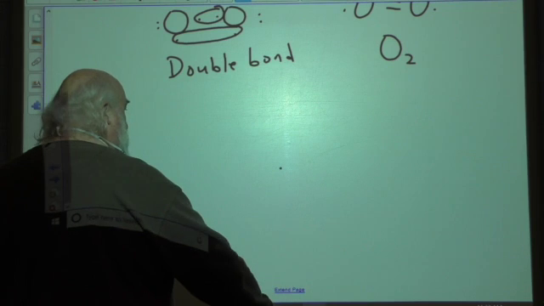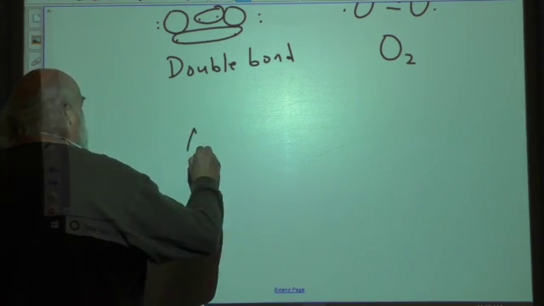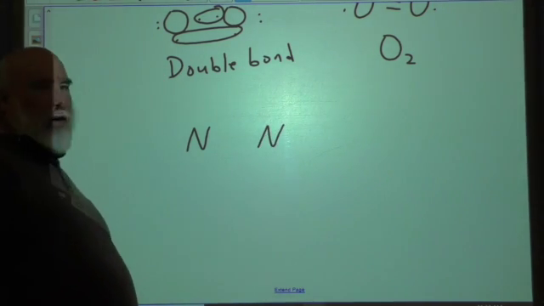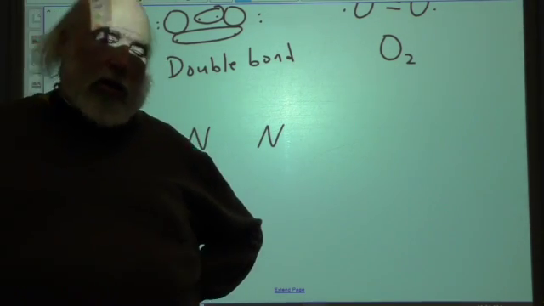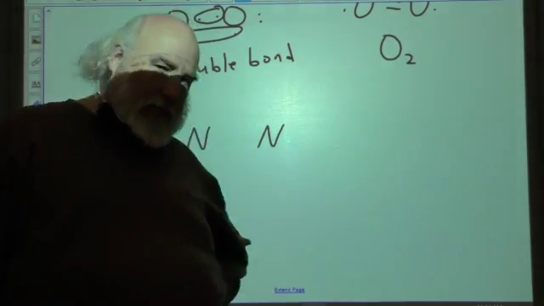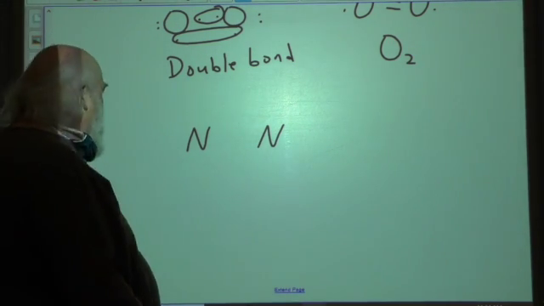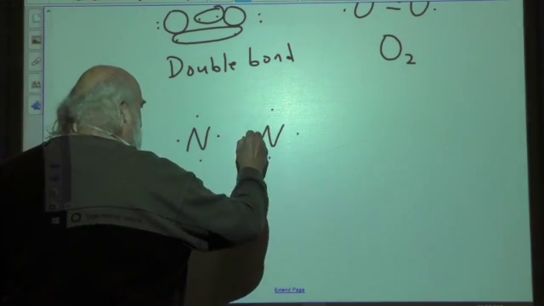Next one is nitrogen. Nitrogen also is diatomic. When you take a look at nitrogen on the periodic chart, you'll see that it is in column 5A. And if it's in column 5A, that means it has 5 valence electrons. North, south, east, west, north, south, east, west.